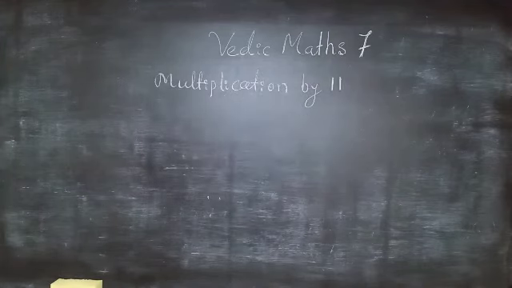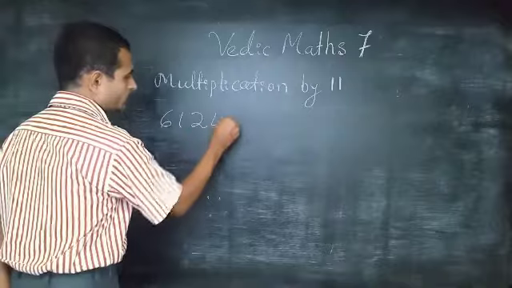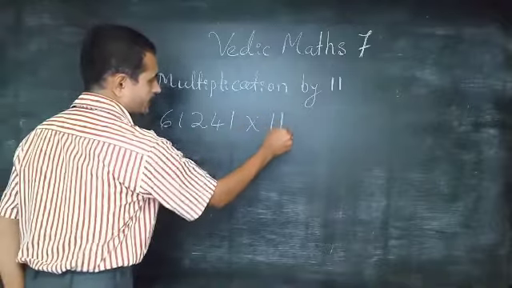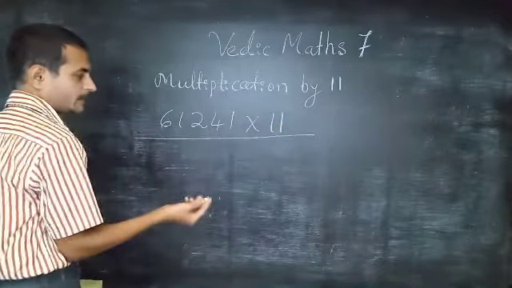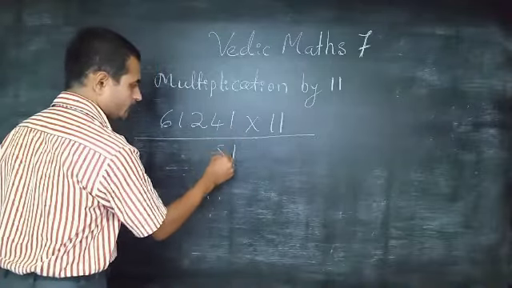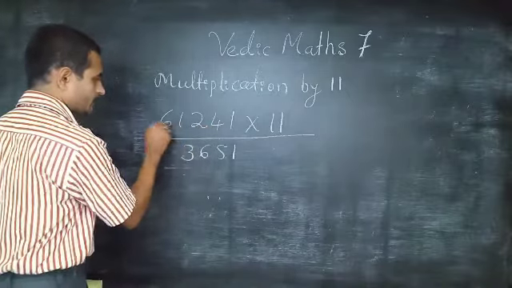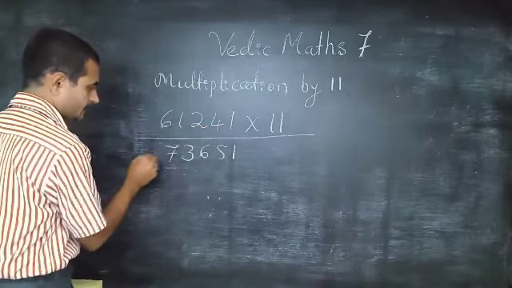Now today let us deal with multiplication by 11. See here, 61241 into 11. The easy method, I'll explain later. 1 directly, 1 plus 4 is 5, 4 plus 2 is 6, 2 plus 1 is 3, 1 plus 6 is 7, and 6 as it is.